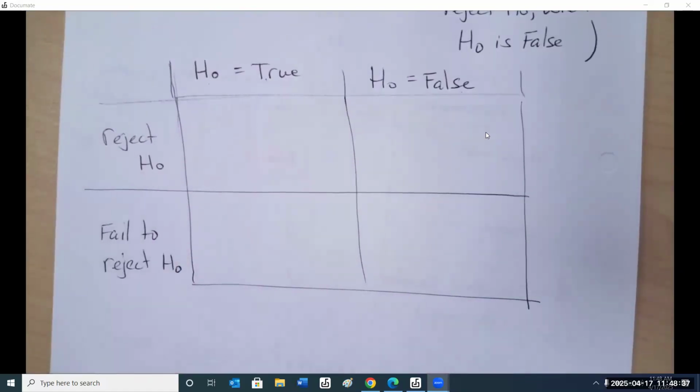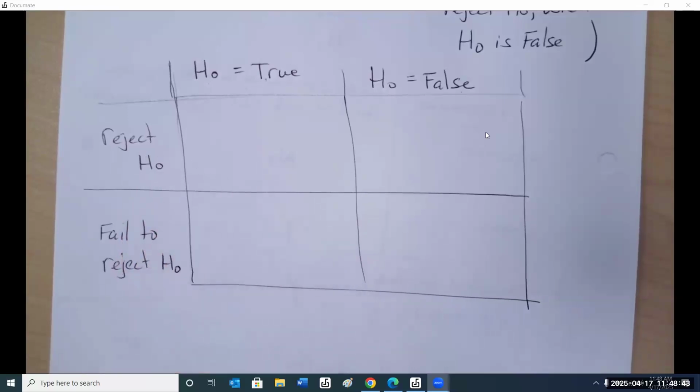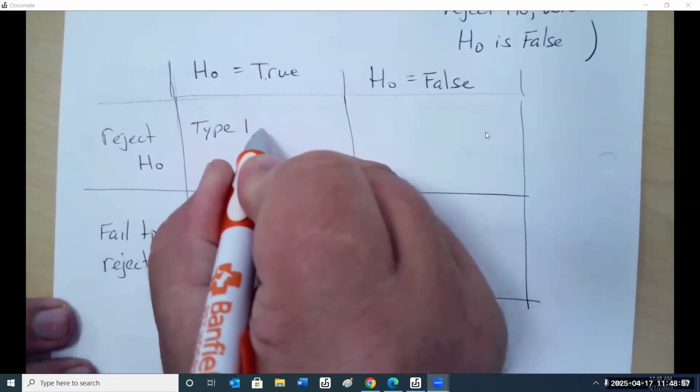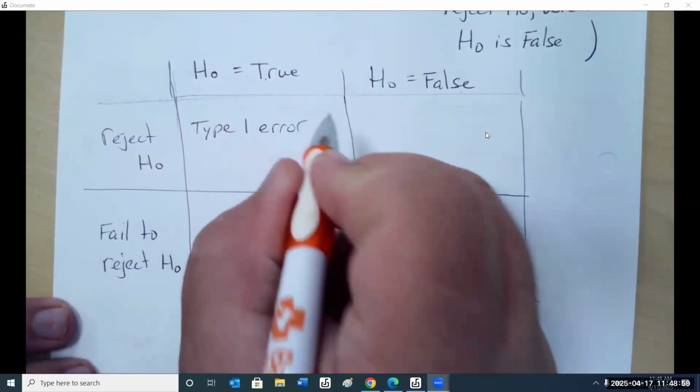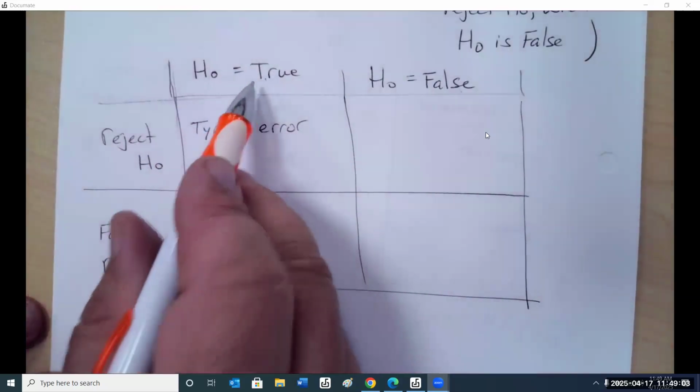If H0 is true and you reject it. Look back at what we just wrote. Yeah, that's a type 1 error. That you reject H0 when H0 is true.